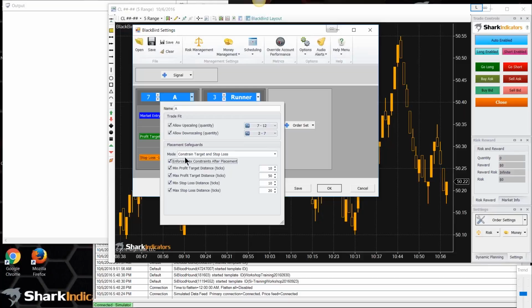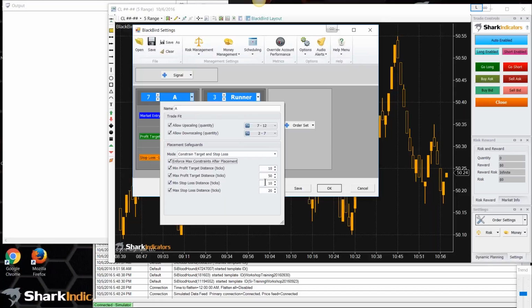If we were enforcing this minimum stop loss distance of 10 ticks, that means your stop loss would constantly have to be placed 10 ticks away and your stop loss would never get hit. So that doesn't make sense. Same with your profit target. You need price to keep moving up and hitting your profit target.